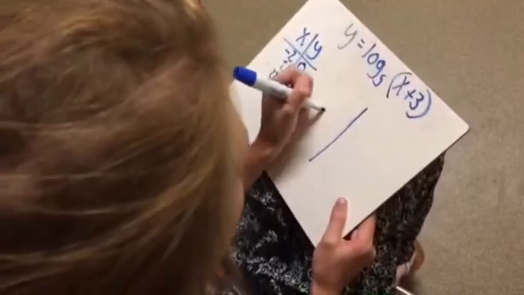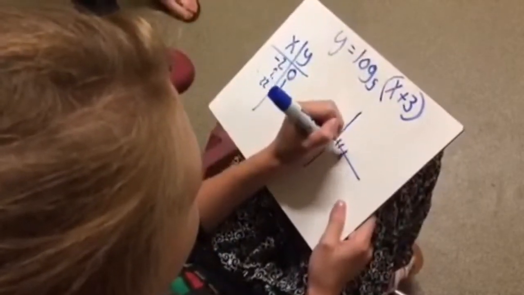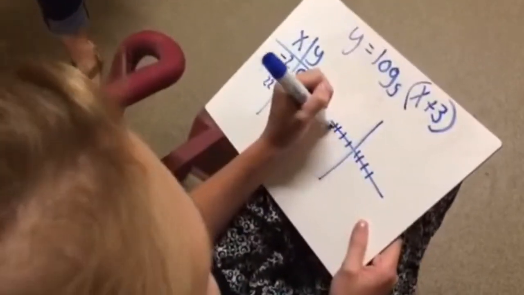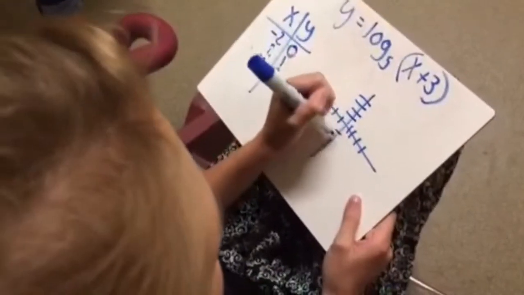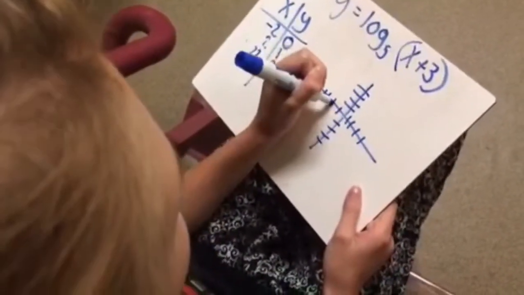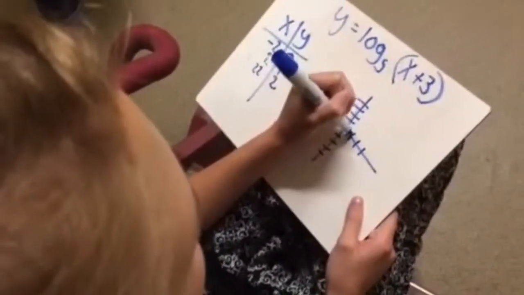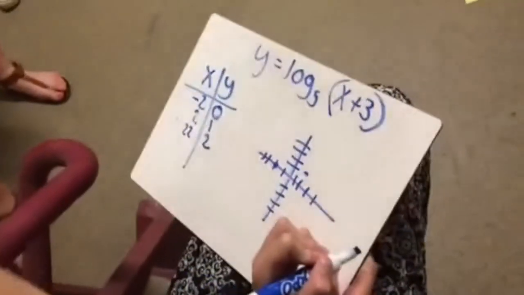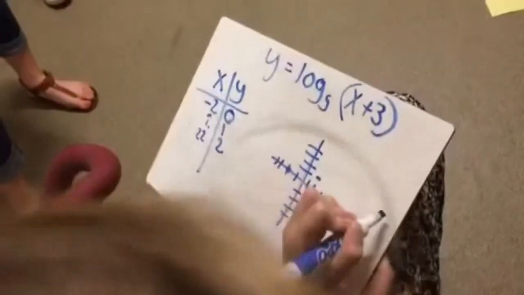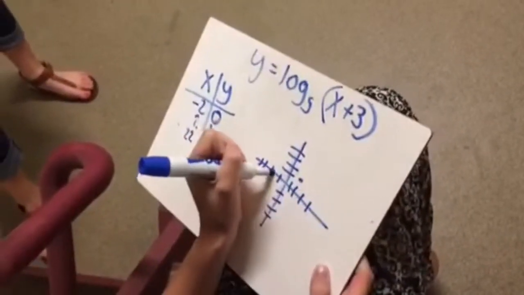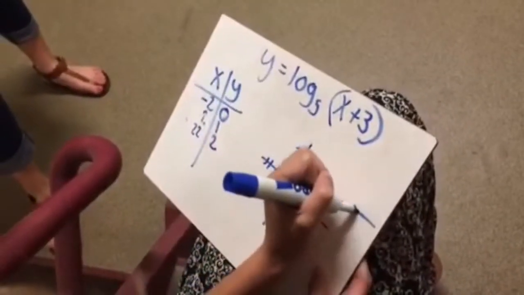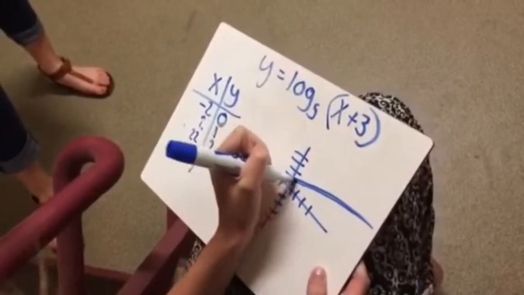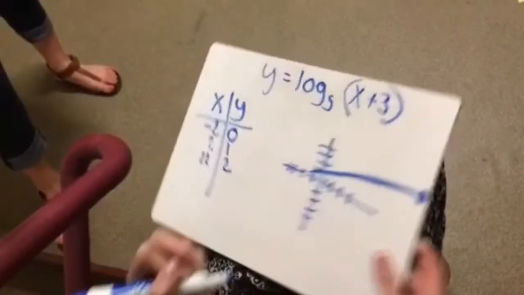Now, I need to graph it. -2, 0. 2, 1. 22, way back here. Just do that. So the logarithmic function goes like this.